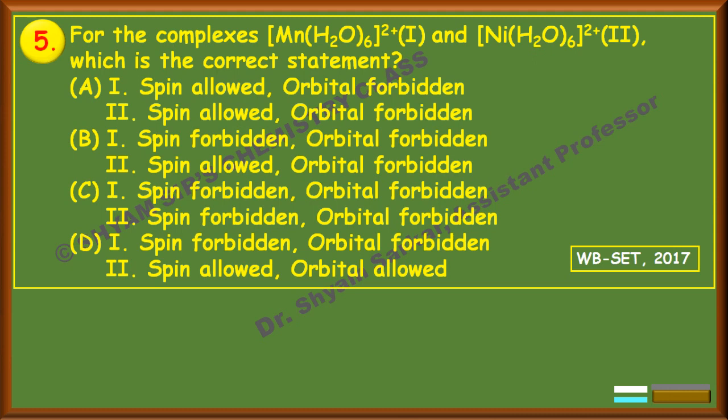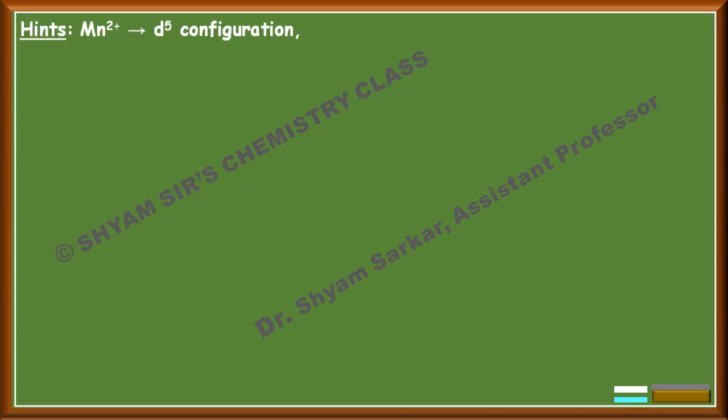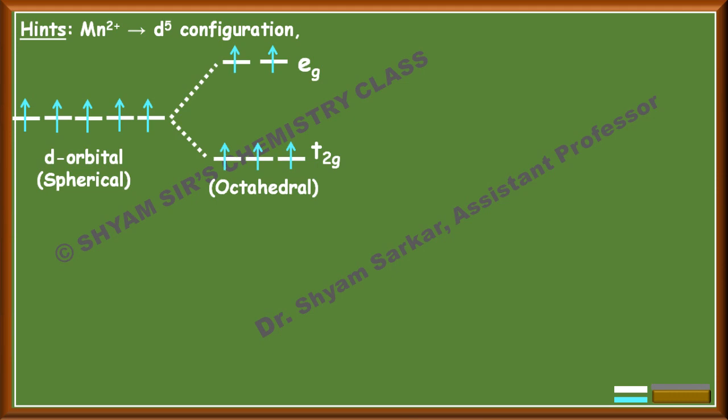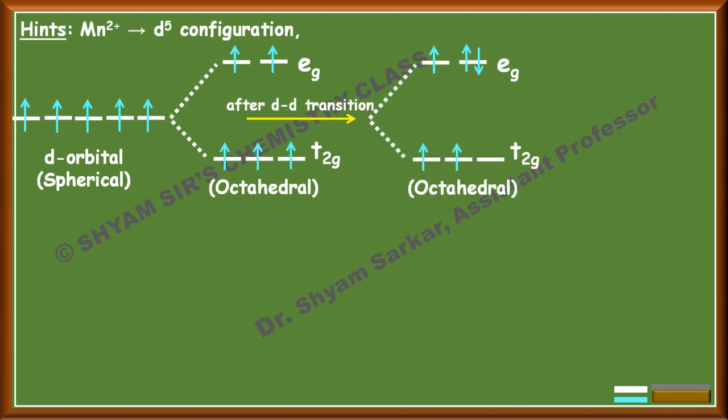So for complex 1, that is Mn2+, that means 3d5 electronic configuration, and water is a weak field ligand, so the complex will be high spin. So Mn2+, that means 3d5 high spin, that means t2g3 and eg2. And in case of nickel 2+ and complex 2, the electronic configuration is t2g6 eg2. So t2g6 eg2, if you see, this is also high spin.